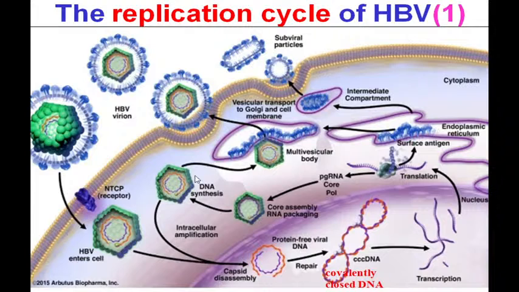When the cores with partially double-stranded DNA molecules are produced, those cores may again be decapsidated at the nuclear membrane, and the nucleic acid genome may enter the nucleus of the cell. So again, cccDNA copies will be produced.